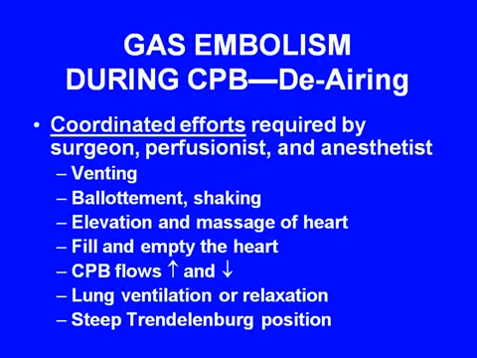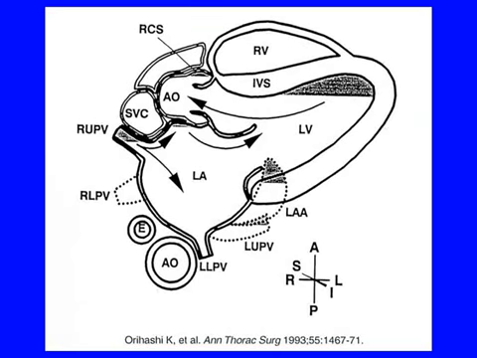The perfusionist will be asked to fill and empty the heart or increase or decrease the CPB flows. And from the anesthesiologist's perspective, lung ventilation or relaxation is very helpful in removing trapped air, and putting the patient in steep Trendelenburg, of course, is also used.